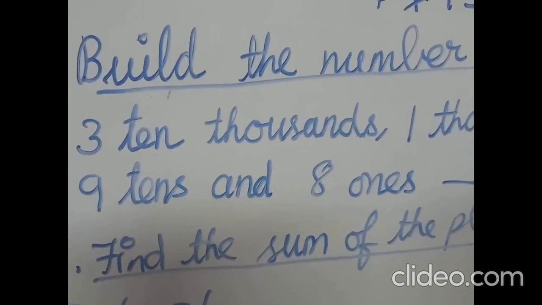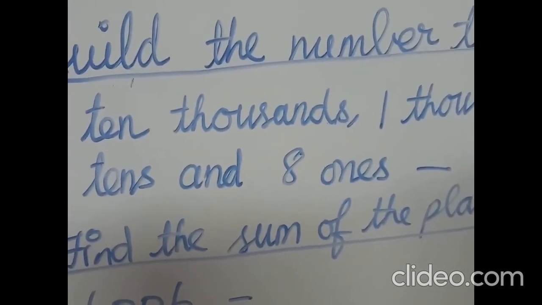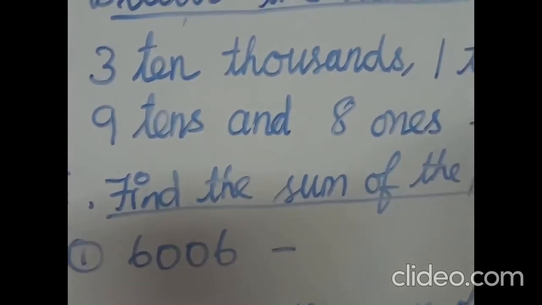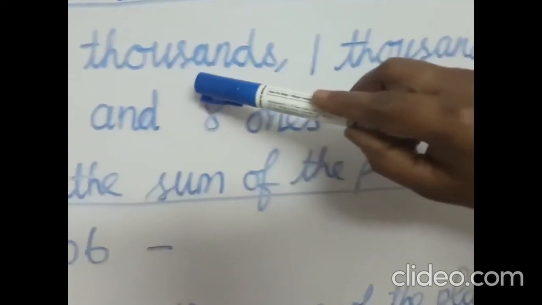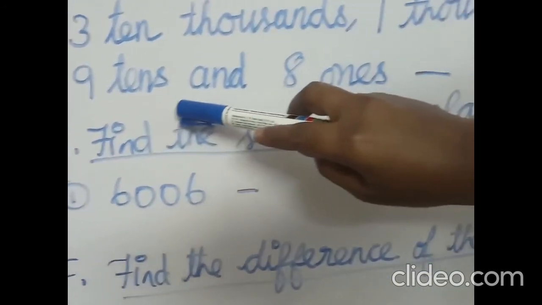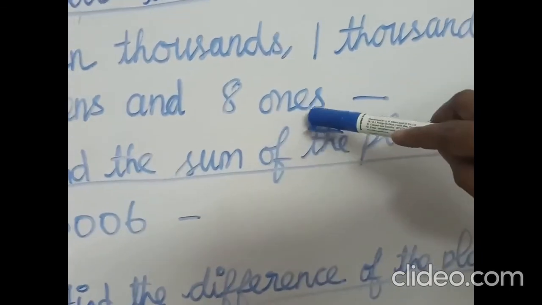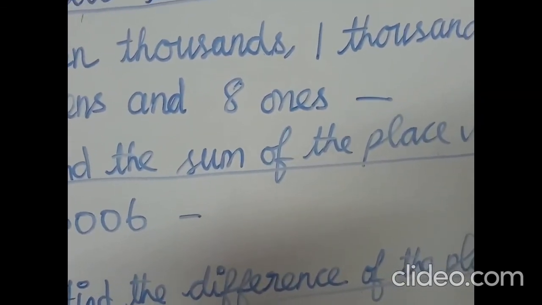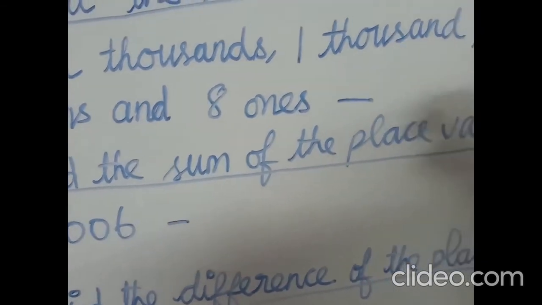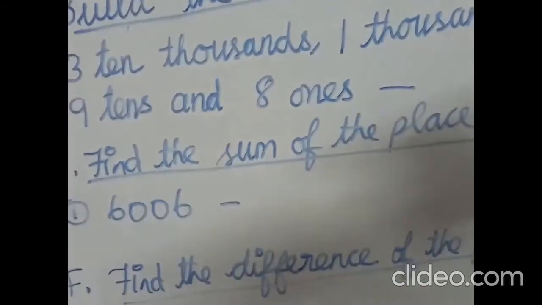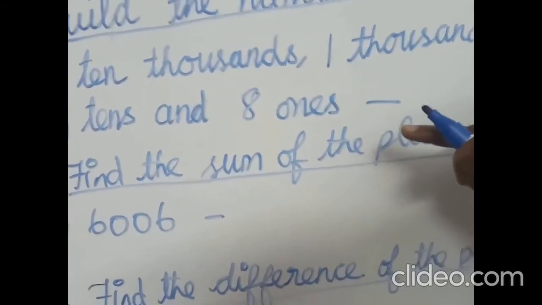See the D equation. Build the number that has 3, 10,000, 1,000, 700s, 9 tens and 8 ones. So children, when we are writing the short form of the number, you can start from ones place onwards. It is very easy for you to write the answer.